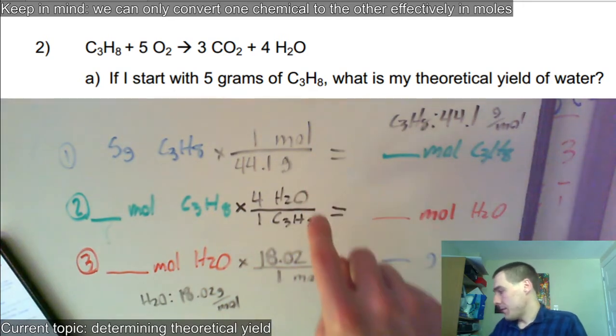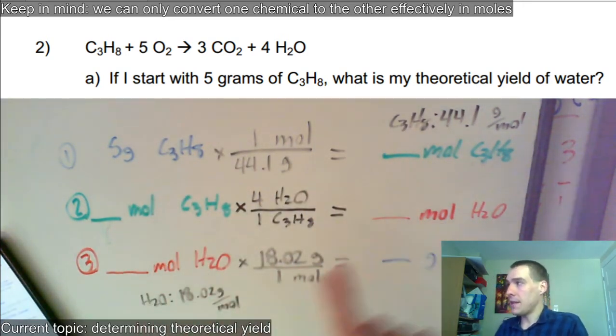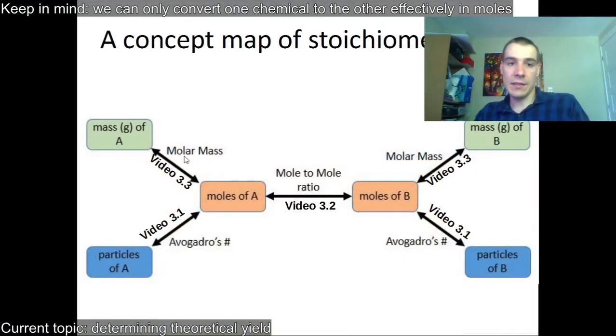So we have our conversion factors. We have our flow, our 3 steps: step 1, step 2, step 3. Note that the conversion factors just came from our equation and from the periodic table.